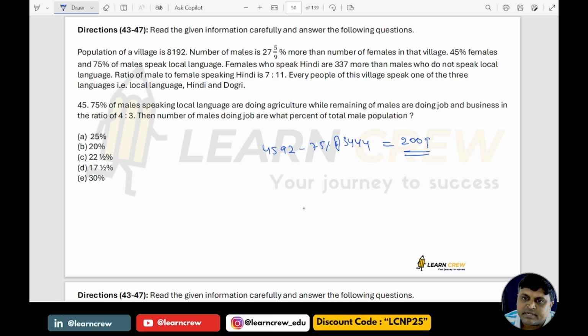Now it is given that the people doing job and business are in the ratio 4 to 3, total 7 parts. So 4 by 7 of 2009 is what percentage of total males, 4592?